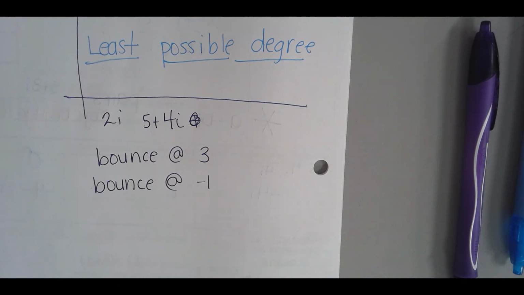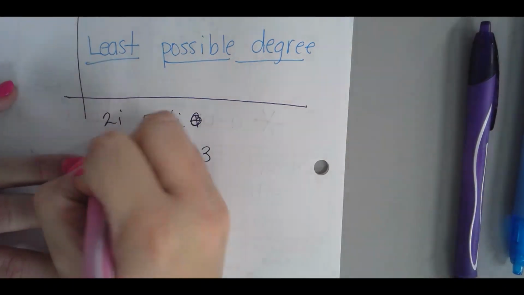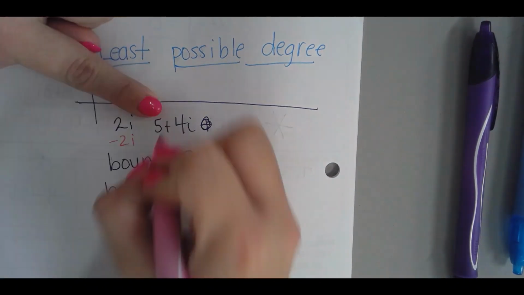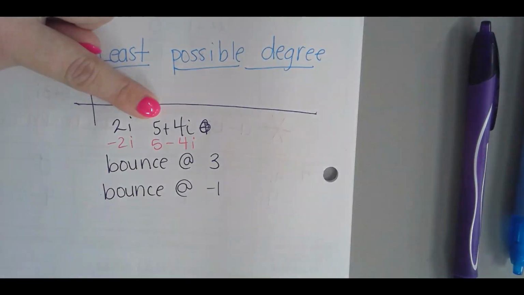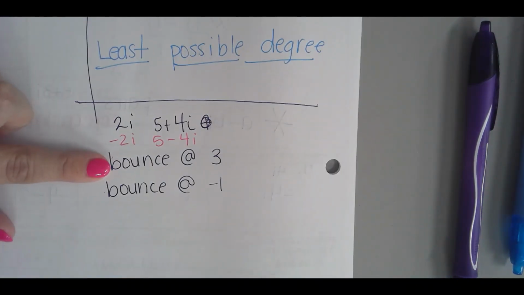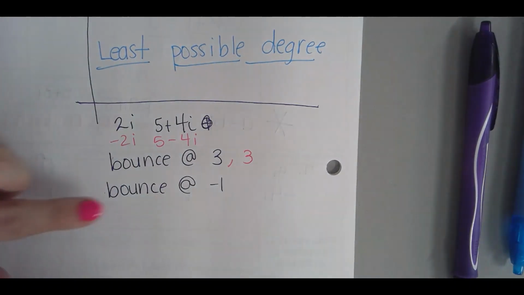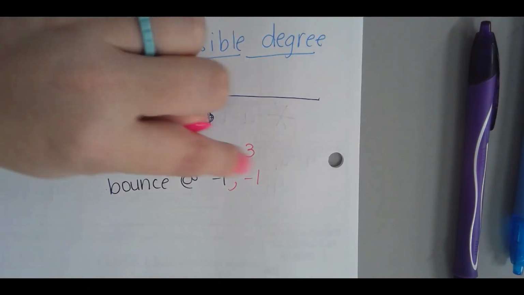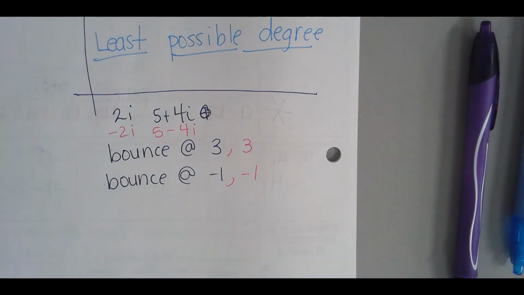If you have 2i, what do you also have? If you have 5 plus 4i, what do you also have? If it bounces at 3, that counts as at least 2. And bounce at negative 1, that's got to count twice. 1, 2, 3, 4, 5, 6, 7, 8. Your least possible degree is 8.